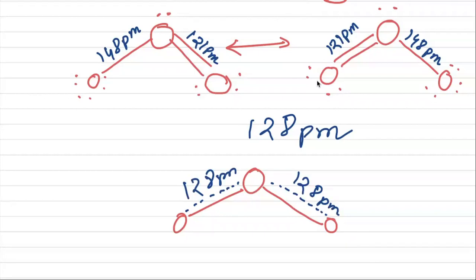So what is resonance actually? When a molecule cannot be represented by a single structure, and its characteristic properties can be described by two or more structures, then the actual structure is said to be a resonance hybrid of those structures.